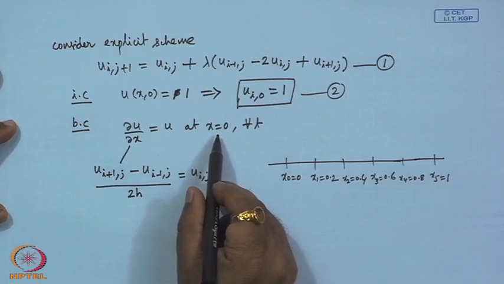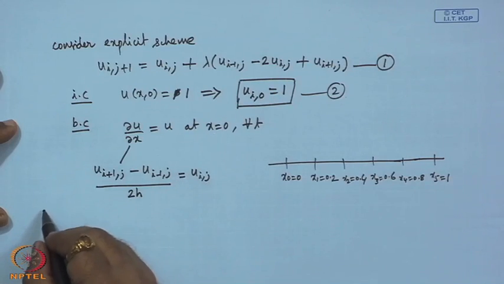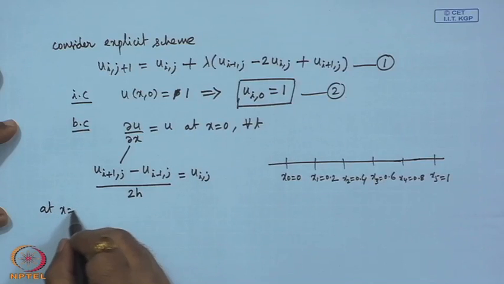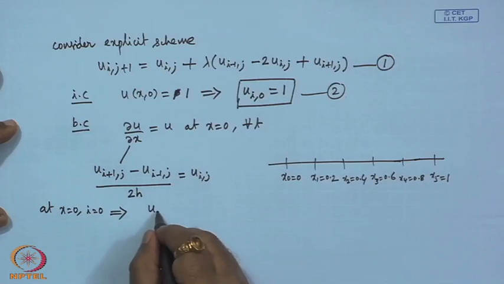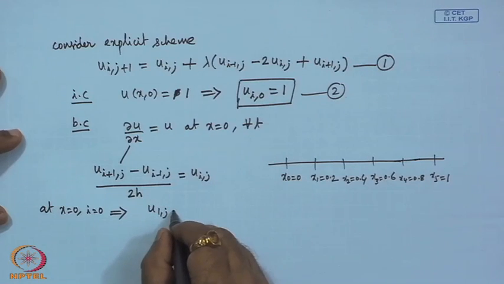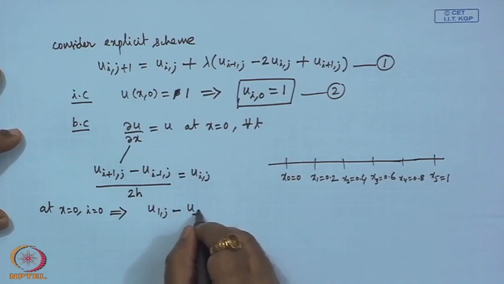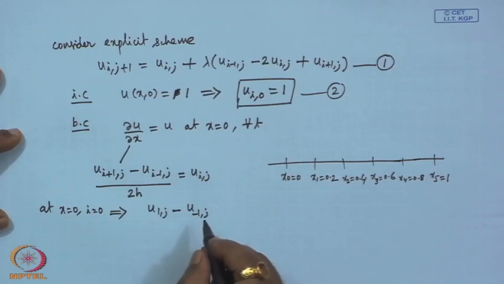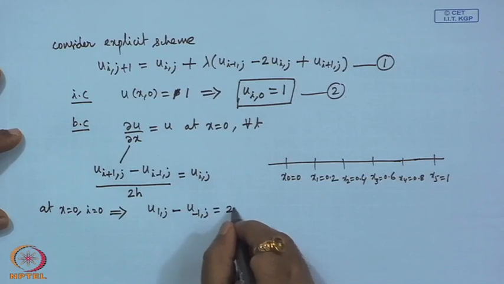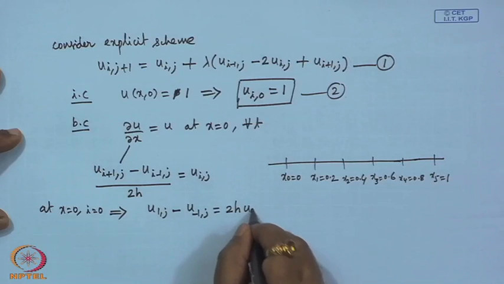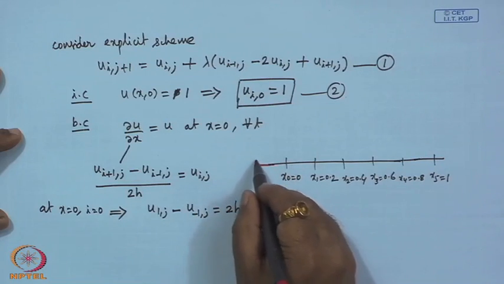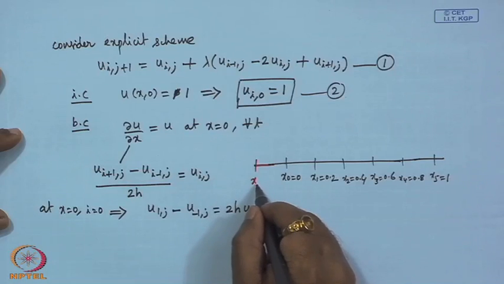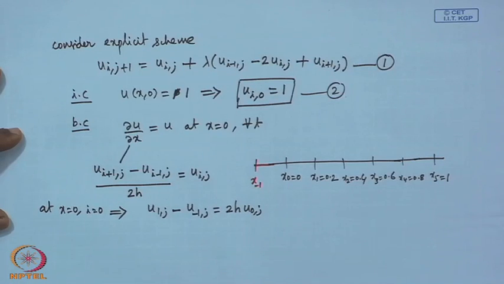So, that means at I equals 0. At x equals 0, I is 0, this implies u 1 j minus u minus 1 j is equal to 2h u 0 j. An important observation: when we have this line, this is going to be x minus 1.